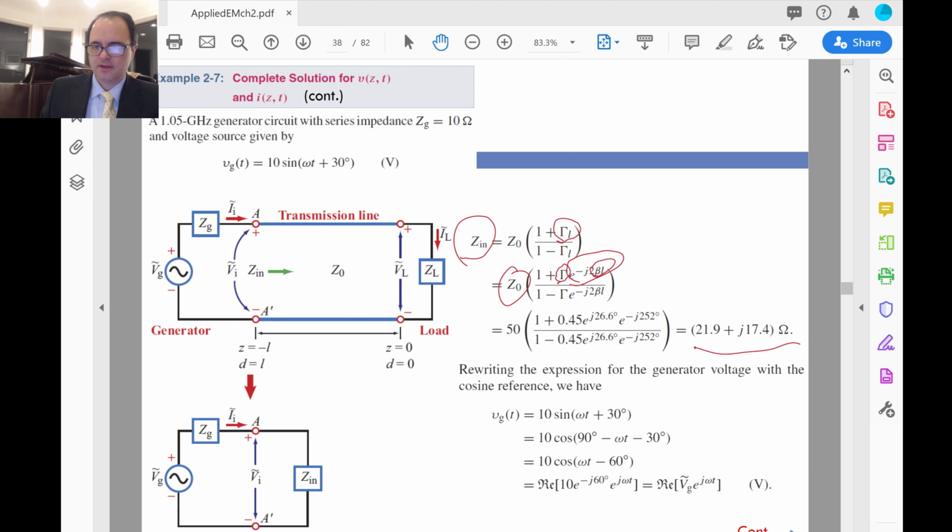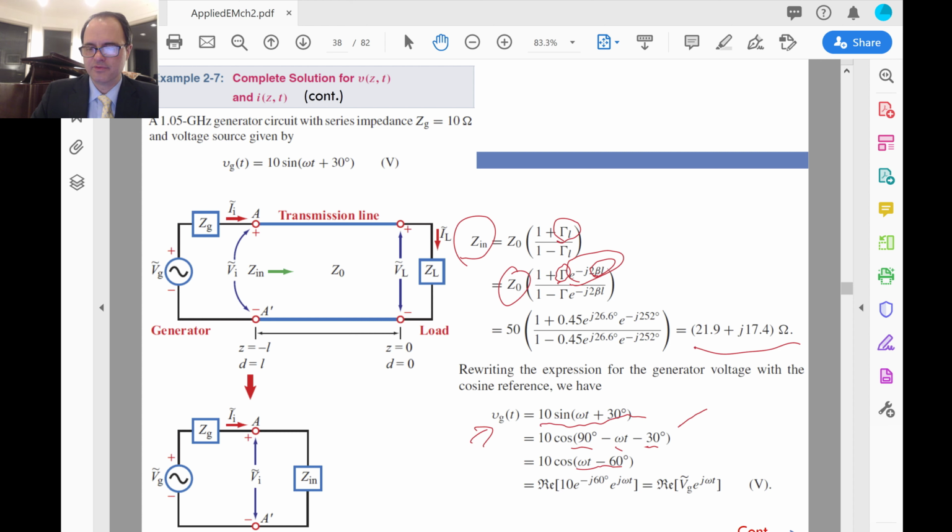Okay, but now we have to switch gears a little bit and work on the generator voltage. It's given to us in terms of sine, so we have to switch that over to cosine. They do a little bit of trickery here, but to go from a sine to a cosine, you subtract 90 degrees.